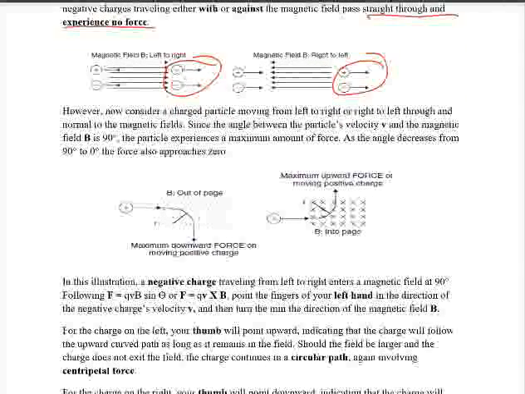However, now consider a charged particle moving left to right, or right to left, normal to the magnetic field, that means at 90 degrees. If it is a positive charge, and the dot is in or out, into or out.